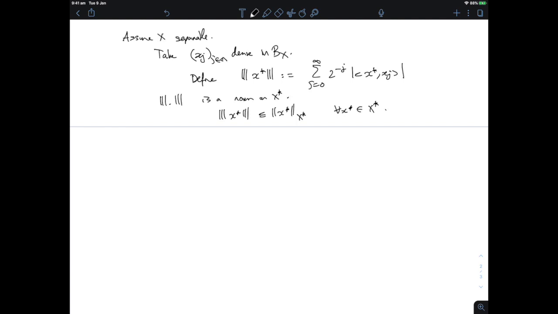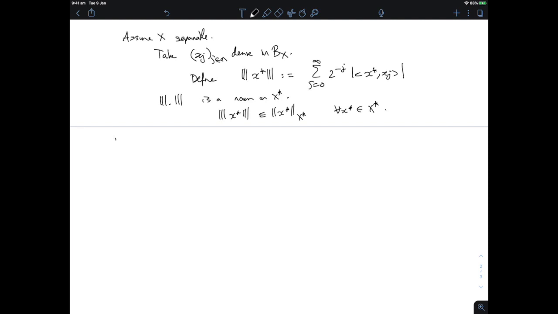Right, so what we need to show is that the distance induced by that triple norm gives a topology on the unit ball of X star that is equivalent to the weak star topology. So for that, I need to show that if I have a ball for this triple norm, I can fit a weak star neighborhood inside it, and reciprocally, if I have a weak star neighborhood, I can find a small enough ball for the triple norm inside it.